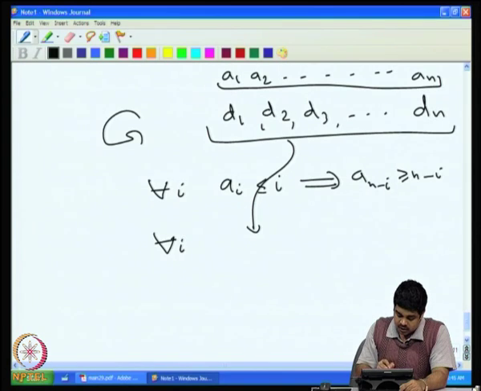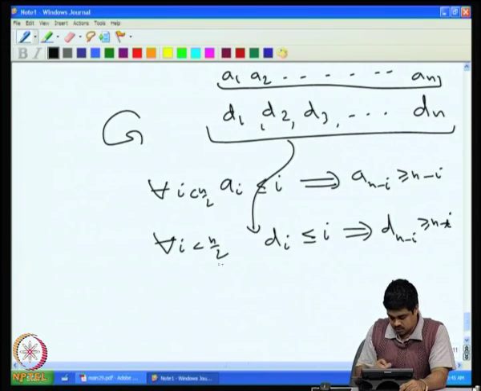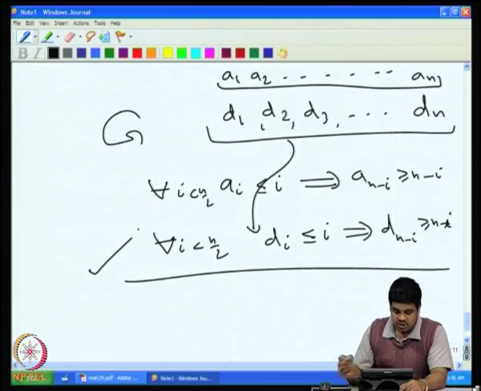That means for all i less than n by 2, if di is less than or equal to i, then it will imply that dn minus i is greater than or equal to n minus i. So this condition also will be met.